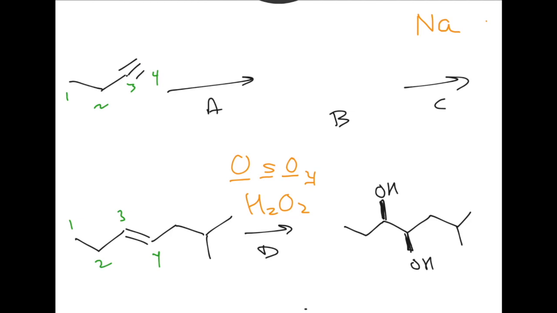Is that ringing a bell? Close. Na, NH3, one more than 2. Right. So NaNH2 is a base. Na/NH3 reduces alkynes to trans double bonds.